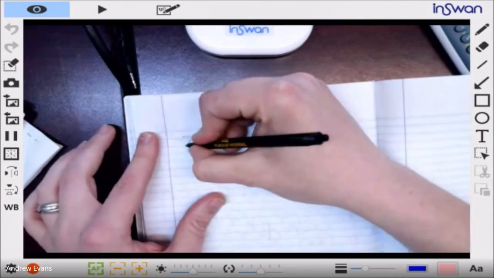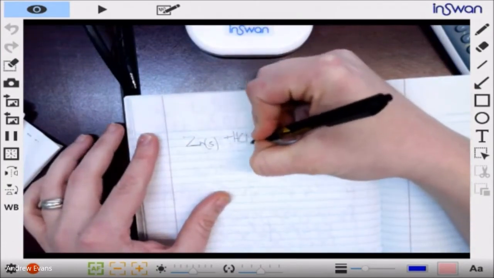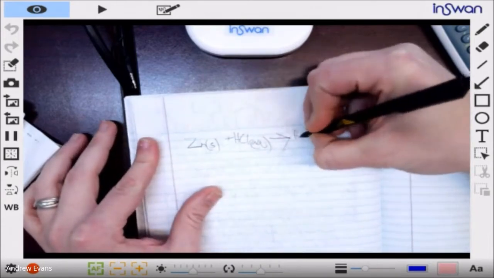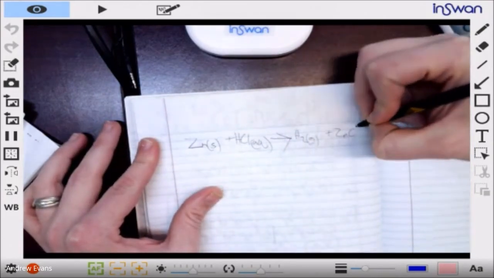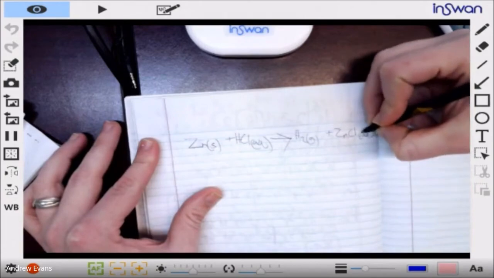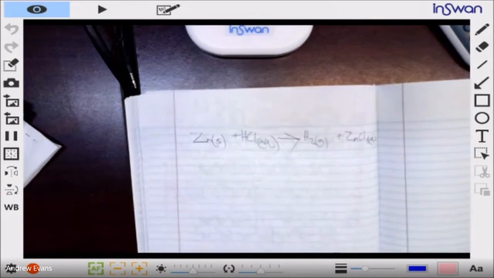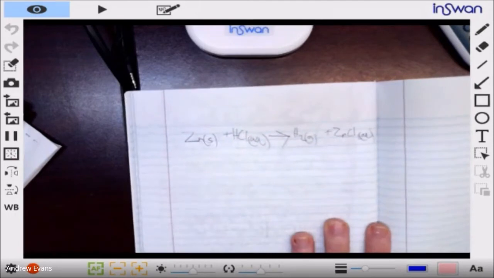Zinc solid plus HCl aqueous goes to H2 gas and zinc chloride aqueous. This pure elemental zinc will not affect the reaction rate, will not affect the coefficient. It is incapable of having a concentration change. It is independent of the concentration.